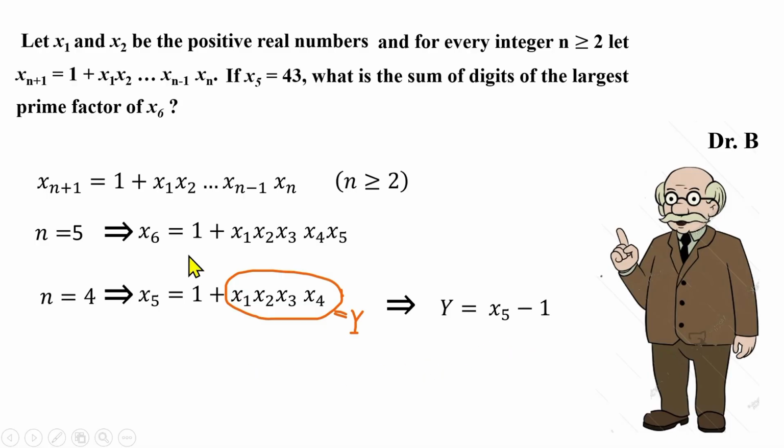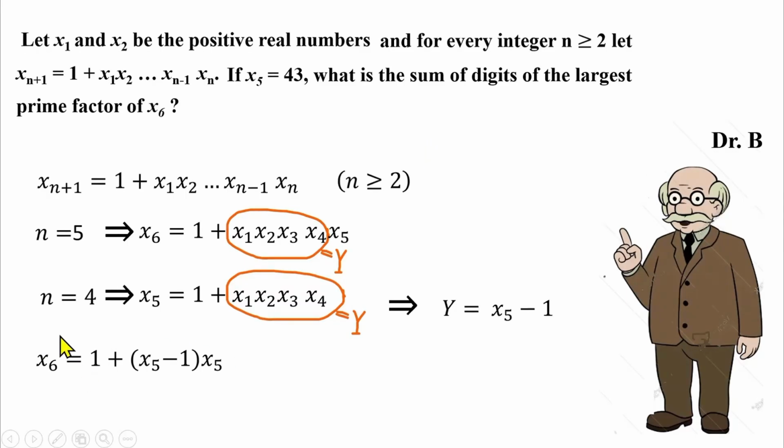Now return to x6, and we see that here there is exactly the same product, so we have here y. We rewrite x6 using what we have for y, and we have x6 equal 1 plus (x5 minus 1) times x5. This is the first step which we completed.